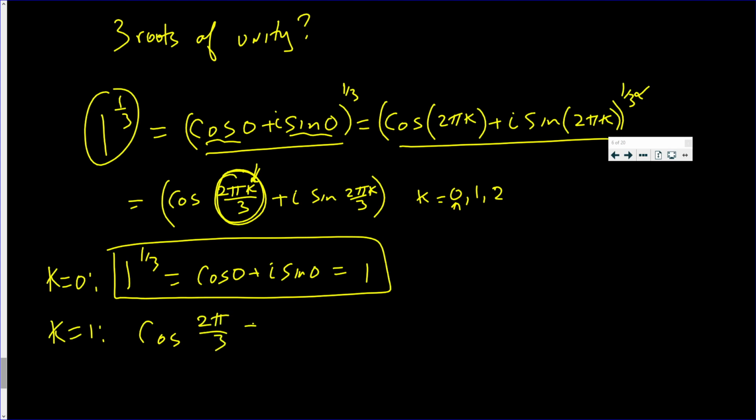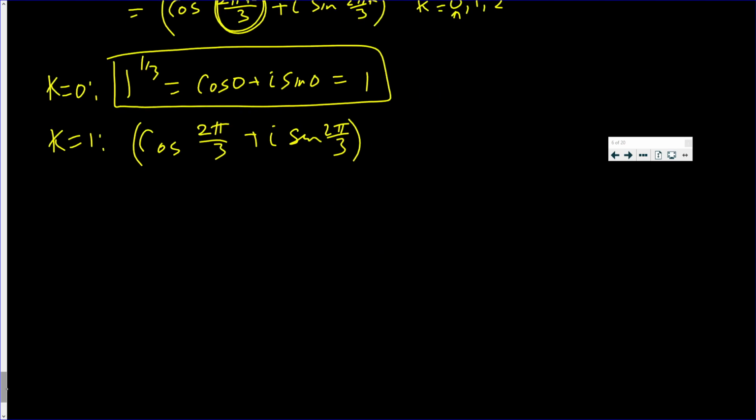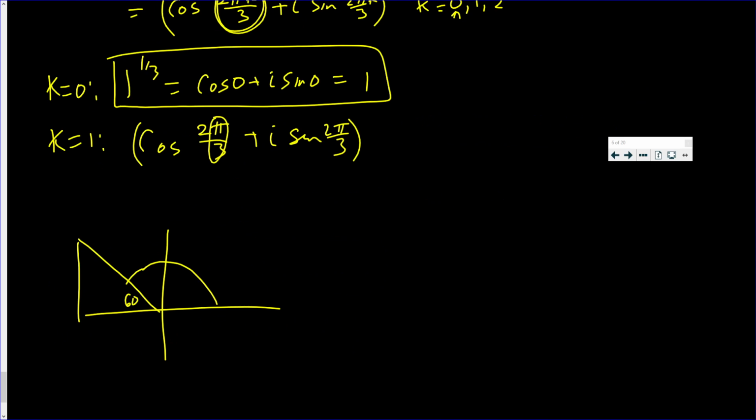We get the cosine of 2 pi over 3 plus I times the sine of 2 pi over 3. Now, pi over 3 is 60, times 2 is 120. It's just short of 180. It is 60 degrees short of 180. So the cosine of 2 pi over 3 is the cosine of this triangle.